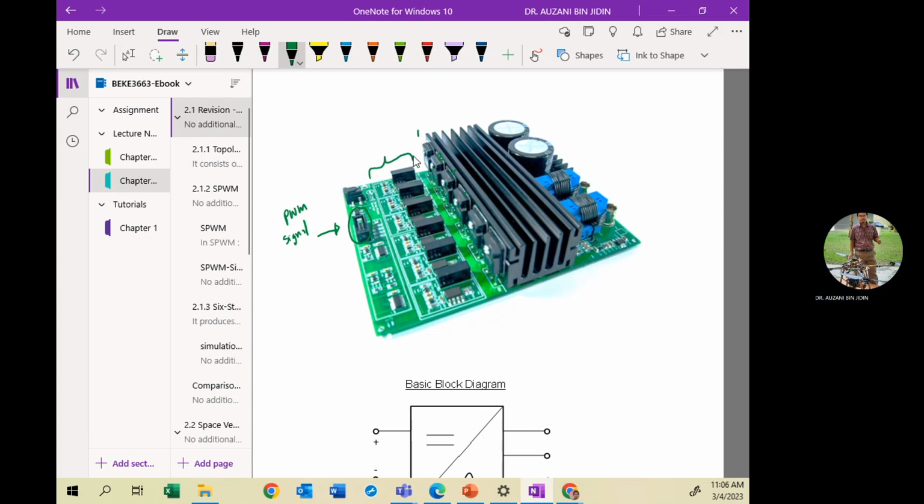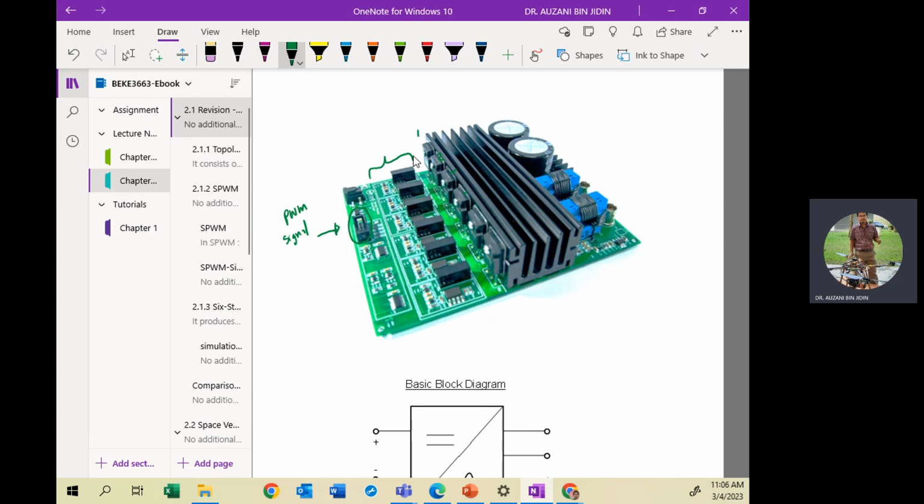Each switch, IGBT or MOSFET, requires one gate driver so that the switch is able to turn on. The gate driver has two functions. The first is amplification, because the signal provided from the controller is not sufficient to turn the power switch on and off.